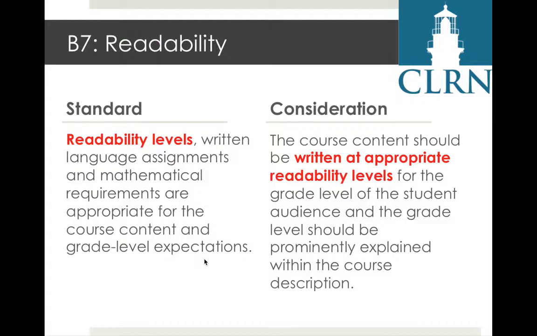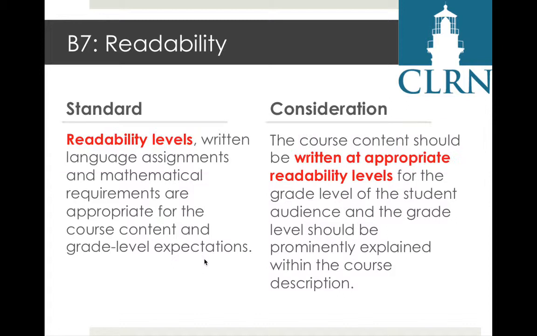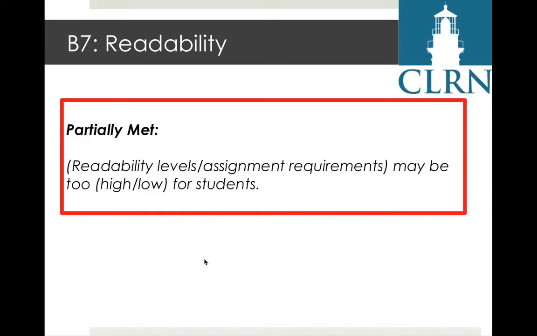Standard B7, Readability, expects that the course's readability and written assignments are appropriate for the course and grade level expectations. Because reviewers are the best judge, we don't ask publishers for a description or location. As we vet this standard, consider whether the course content is written at the appropriate readability levels for the students taking the course.